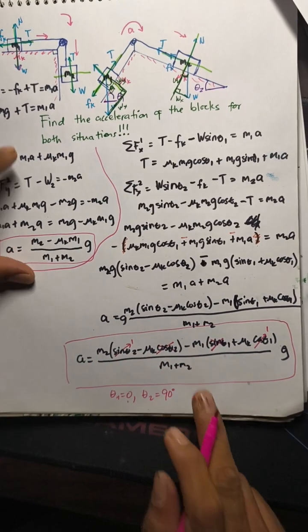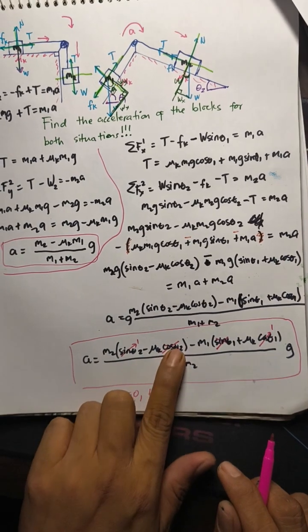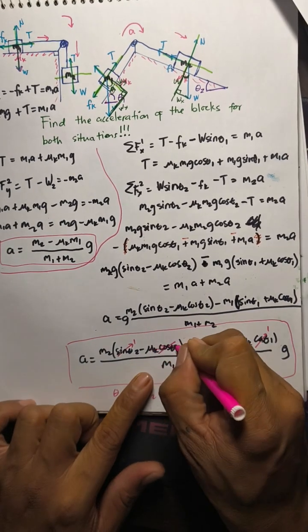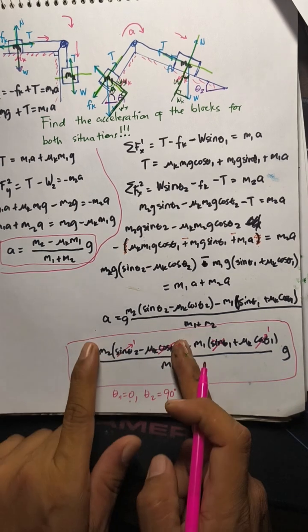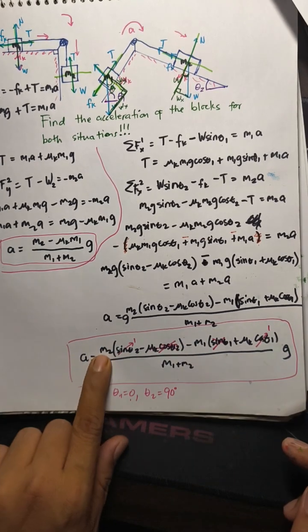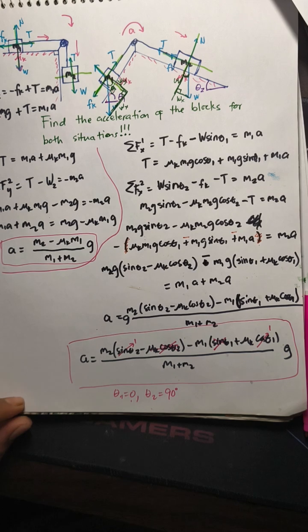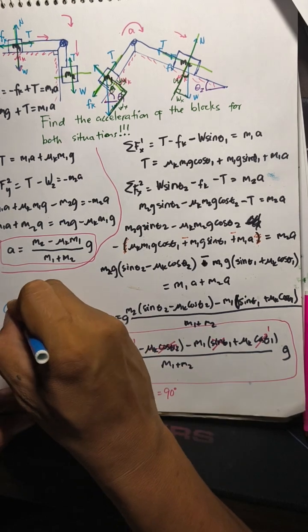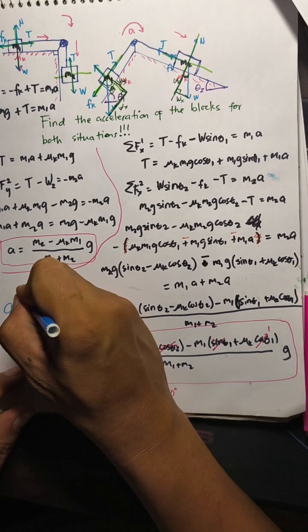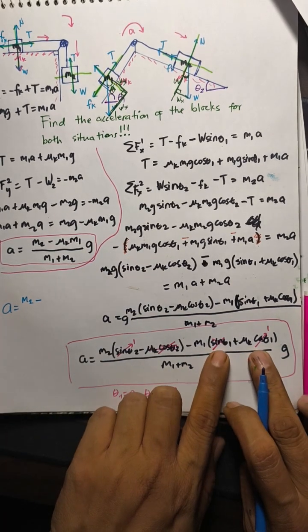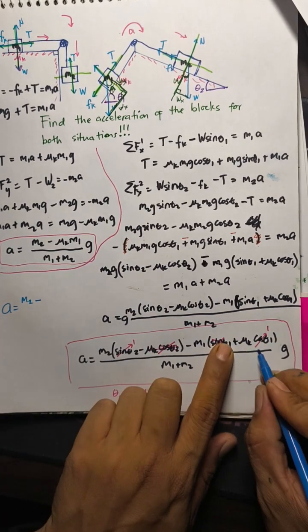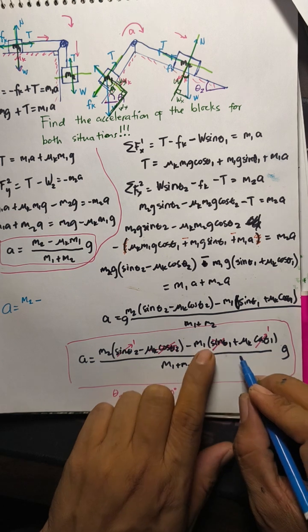Now, as you can see, this is mu k times 0, so this one here will be 0. This term will vanish. So what is left for the first term is m2. I'll write that here. My new a would be equal to m2 minus what is left for the second term, that is 0 plus mu k times 1, so that is m1 mu k.